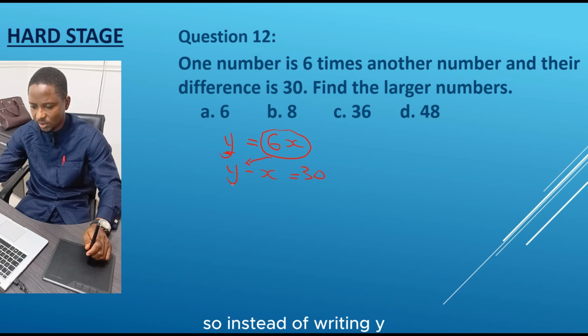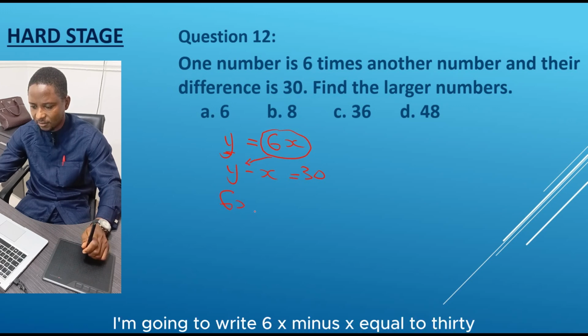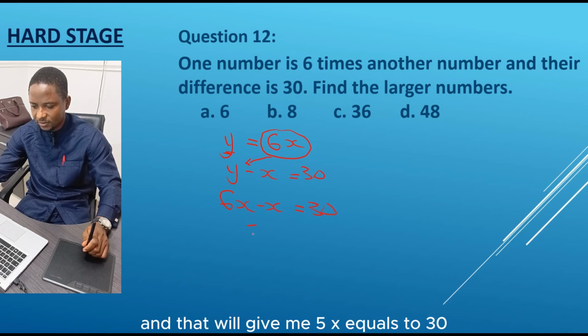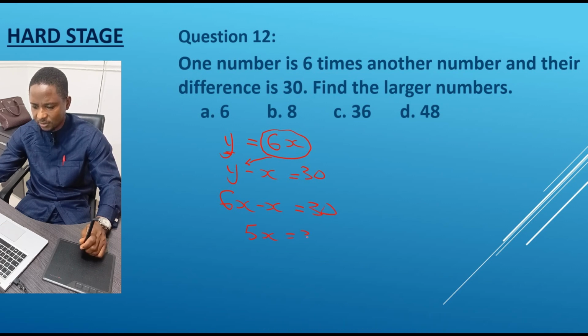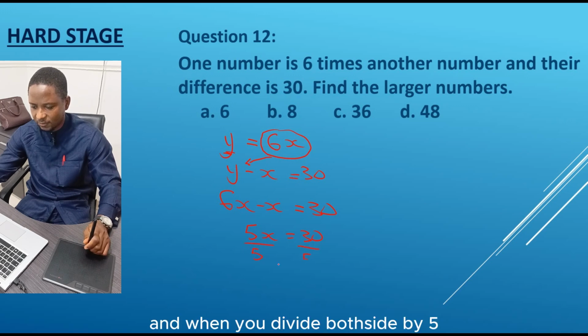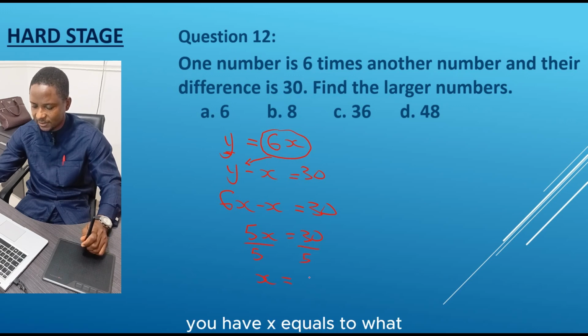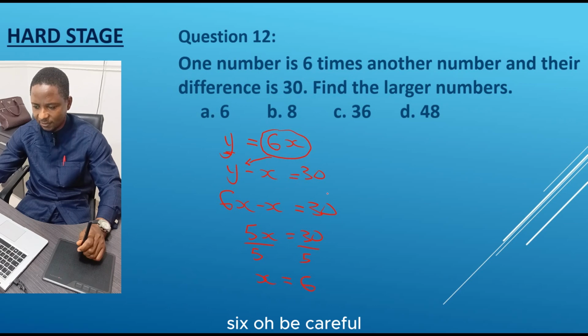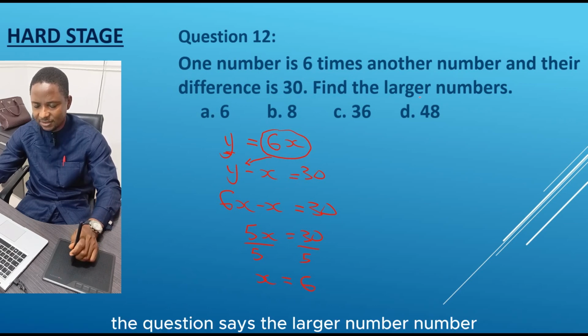So instead of writing Y here, I'm going to write 6X minus X equal to 30. And that will give me 5X equal to 30. Then you divide both sides by 5, and you have X equal to what? 6. But be careful. The question says the larger number.